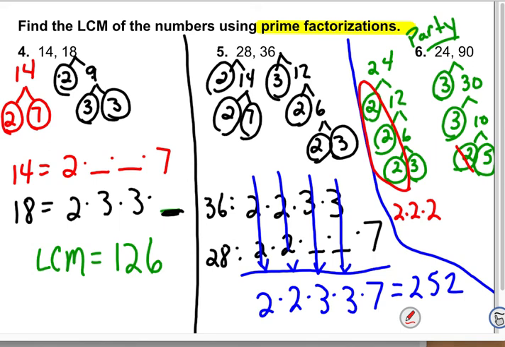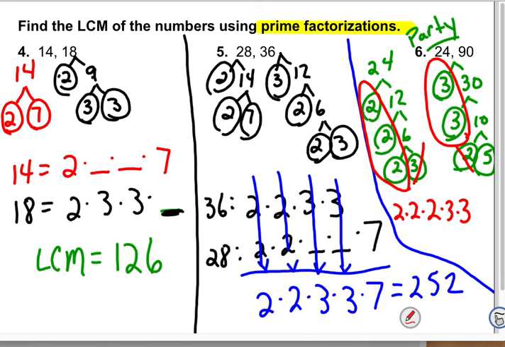Okay, where is the largest group of 3's and how many? How many, Mr. Chance? There's 2 3's right here in 90, so times 3 times 3. This 3 doesn't get to come. What prime number have we not brought in?